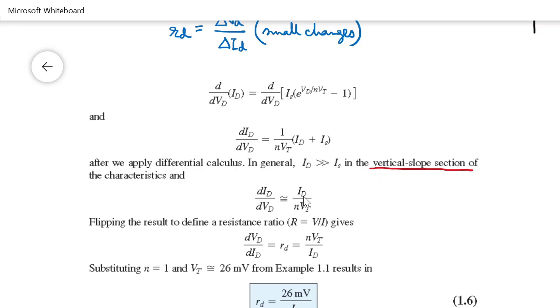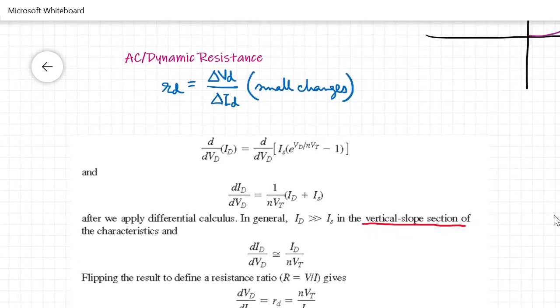So you can simply write Id and then invert, and when you invert it becomes NVT by Id, and this NVT we have already seen is approximately 26 millivolt at room temperature. So rd can be directly calculated as 26 millivolt divided by Id, the operating current you need to know.